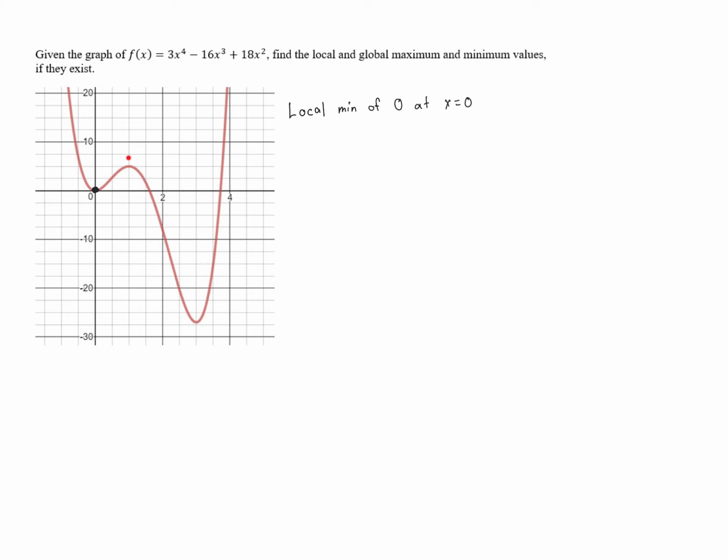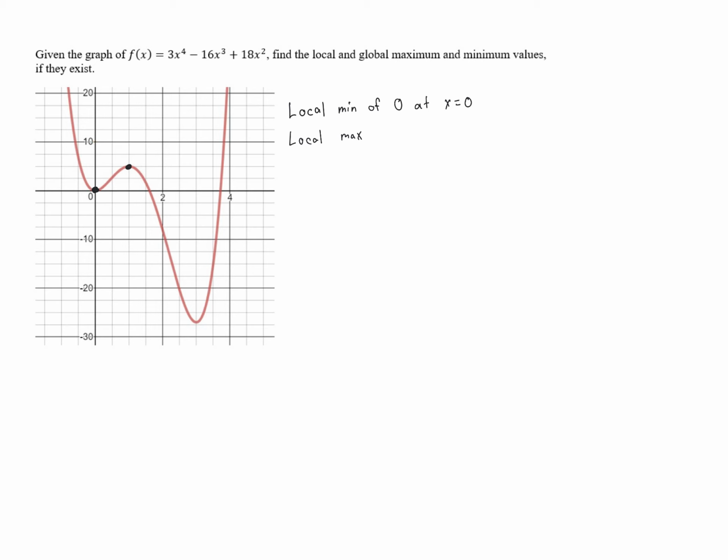Our next interesting point looks to be right around here. We have a local maximum there. Now, what is that function value? It's halfway between 0 and 10, so that is going to be 5.